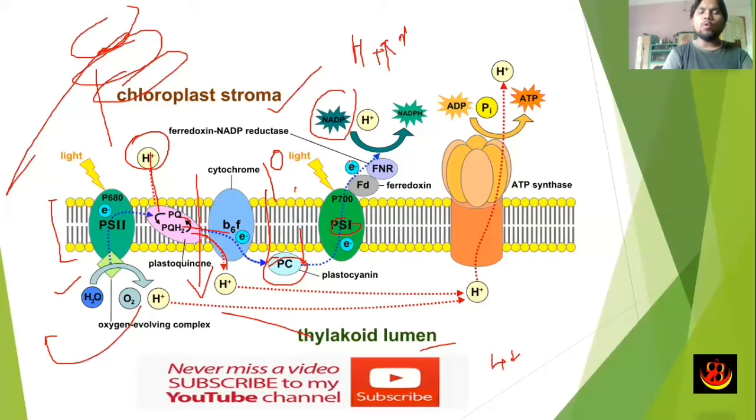So in this region, the lumen, the proton concentration is becoming more, and as the cycle is running, the proton concentration in the stroma is decreasing.